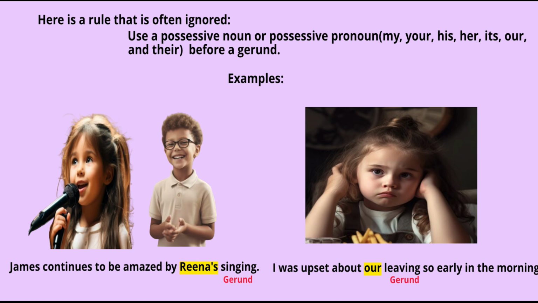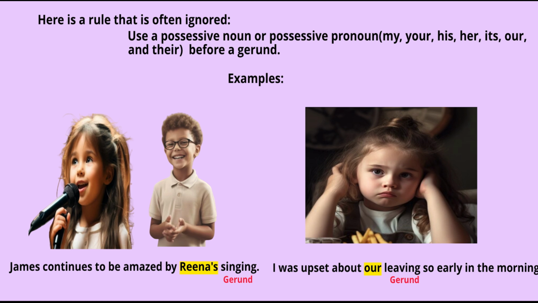Here is a rule that is often ignored. You have to use a possessive noun or possessive pronoun, my, your, his, her, its, our, and their, before a gerund. Let's see a few examples. In the image, you can see a girl singing and a boy clapping, right? James continues to be amazed by Rena's singing.